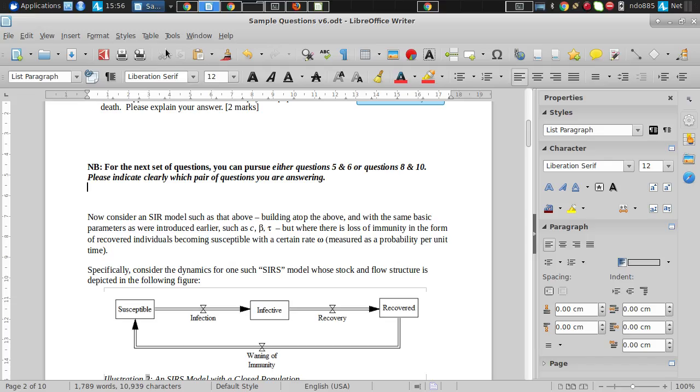So R star would start at R0 and it would drop. It's very common that when half the population has been infected, R star might be half of R0.